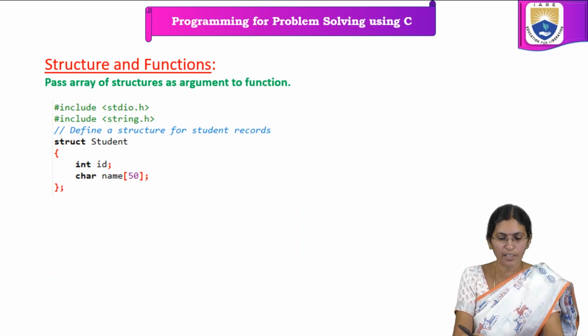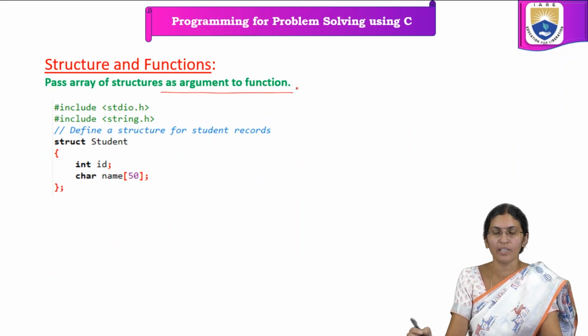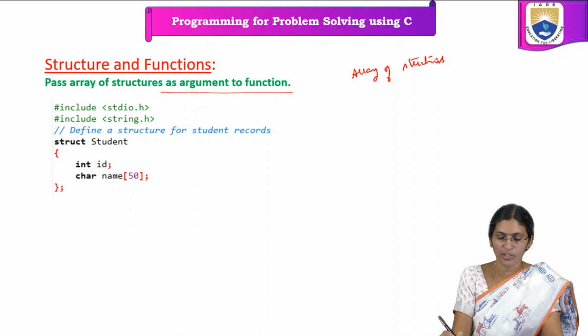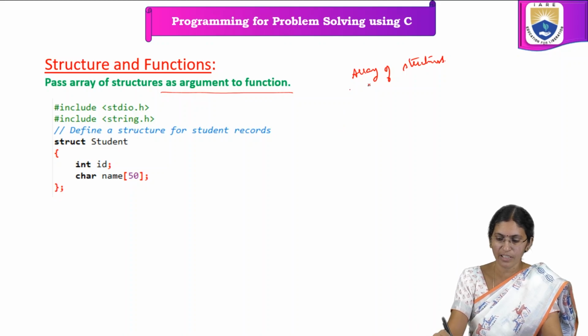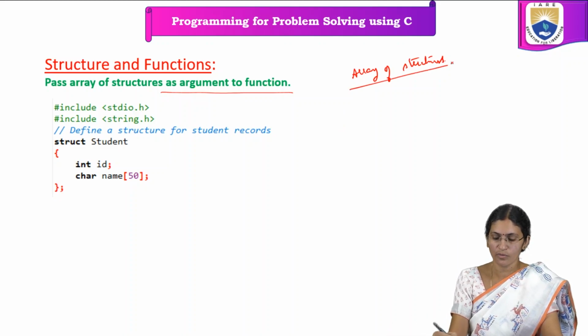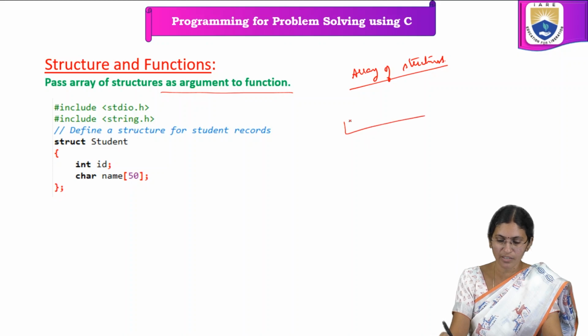Next, pass the array of structures as an argument. We have also seen the concept of array of structures. As we have array of integers, array of floating values, similarly we have array of structures. Here array of structures is nothing but each structure has data of different types.